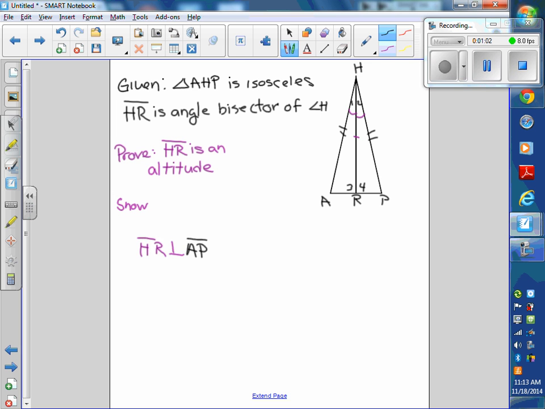And in order to show that, we would have to know before that angle 3 and angle 4 are right angles.